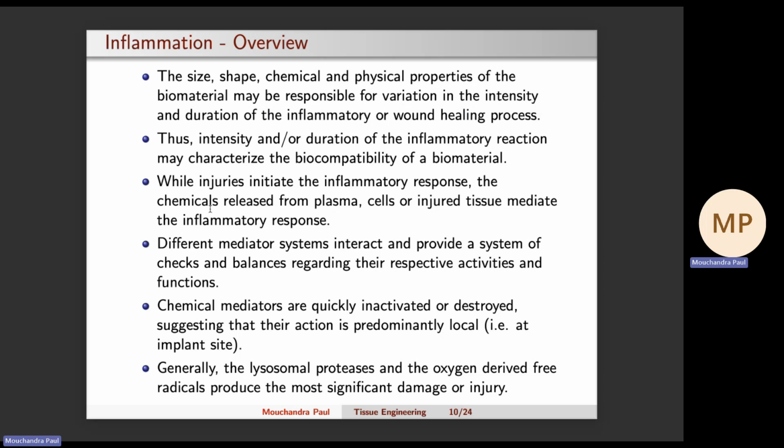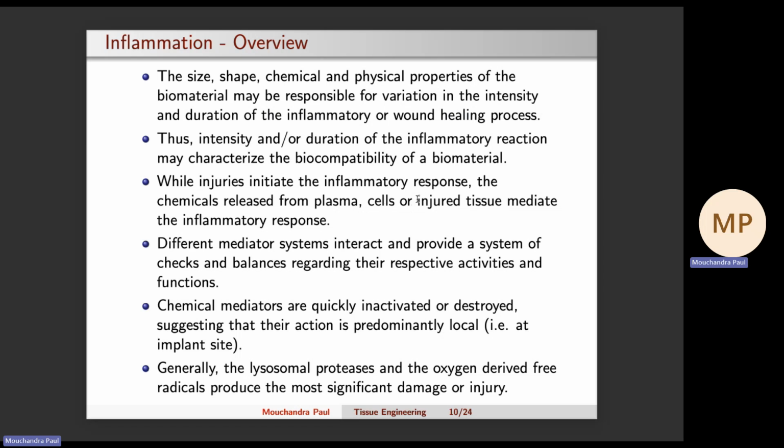So we are again going back to the slide where we discussed the formation of provisional matrix. There, the formation of provisional matrix happened through first deposition of the plasma proteins and then the cells, right?